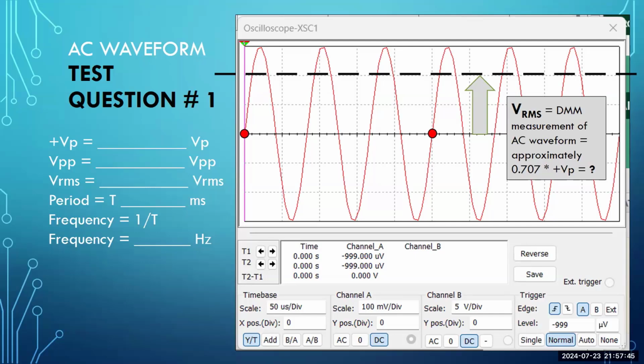And as you have the screen on pause, if you can't quite figure this out, go back to review the two previous slides to see if you can determine from rereading how to determine the positive V peak. So write these values down in your journal, and we will review this in a moment when we come back after your pause.